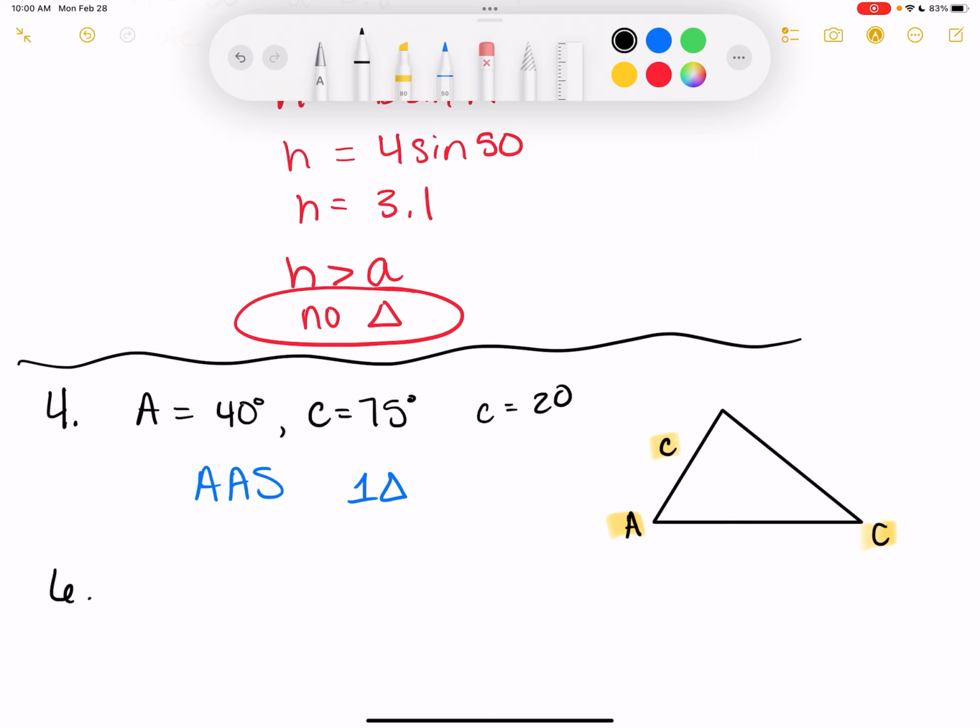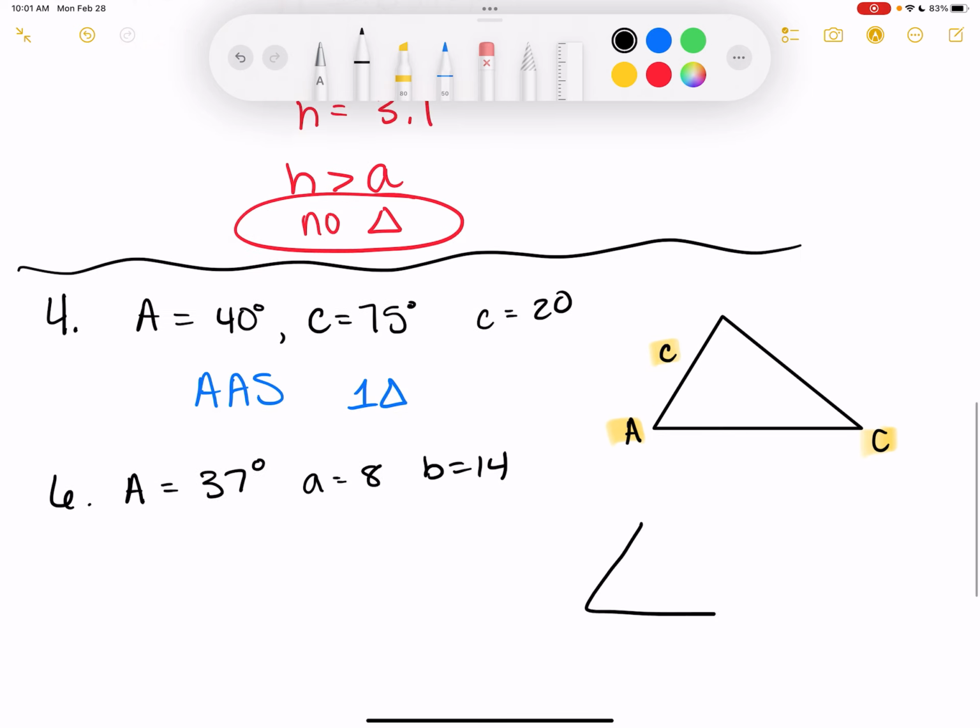All right, 6. Angle A is 37 degrees, side a is 8, and side b is 14. So I've got angle A, side b. It really doesn't matter, you can pick your favorite.